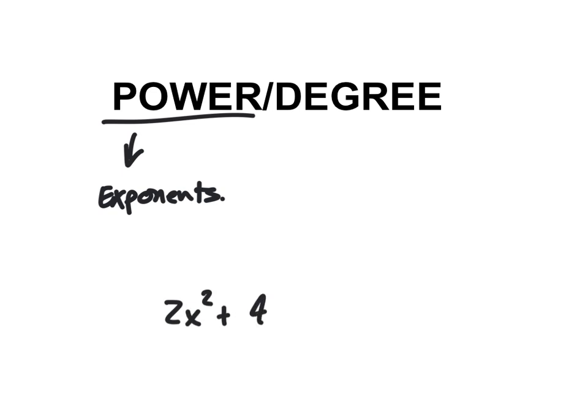All right, your power or degree. So your power is your exponent. If I had 2x squared plus 4x plus 5, I do have an exponent here on this 4x, that's 1. So my exponents are 2 and 1.